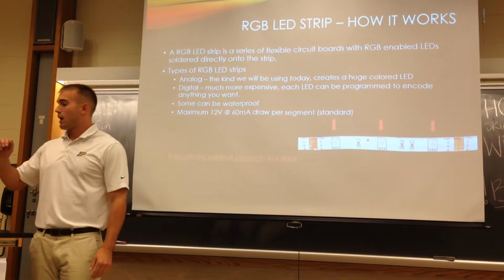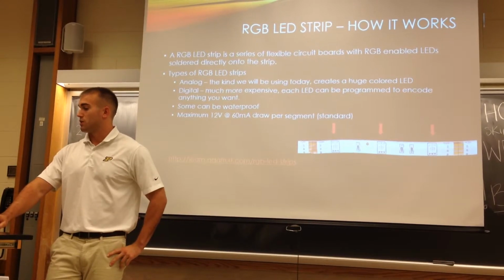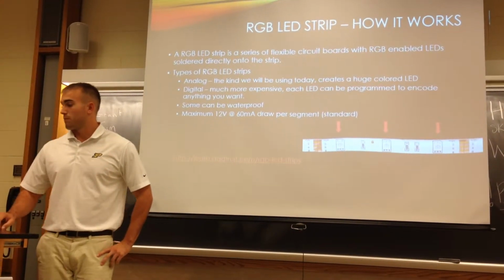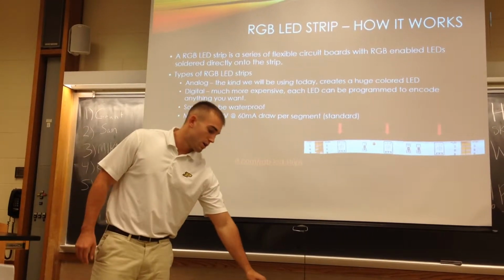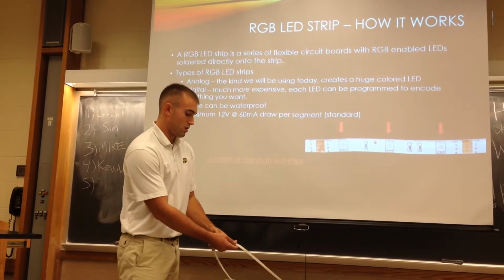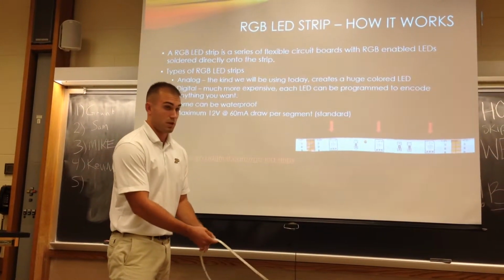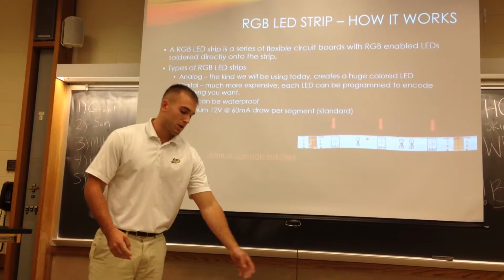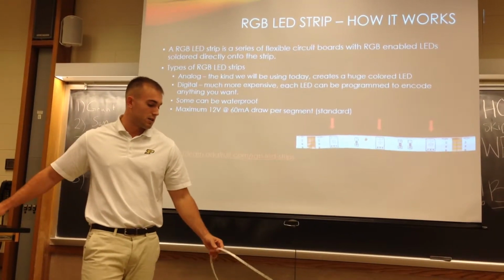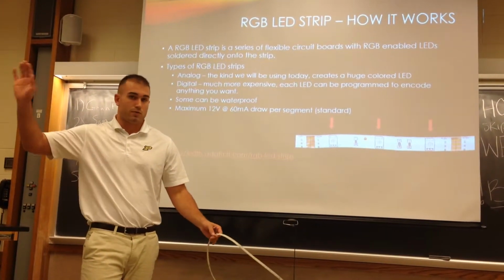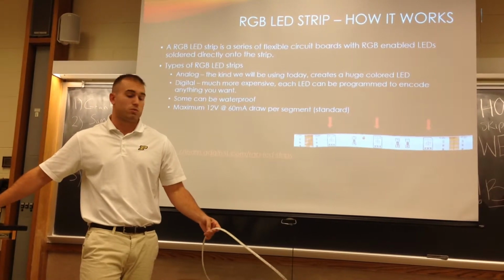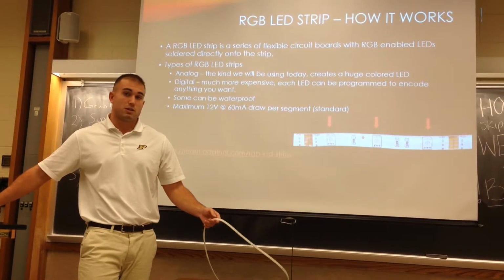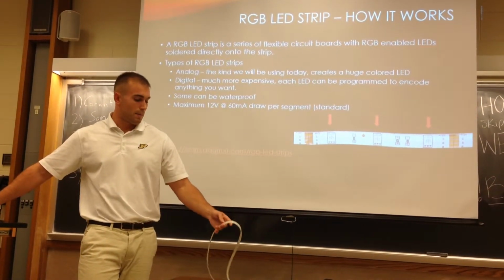So, how does the RGB LED strip work? For example, the one that you can see on your handout is actually a GRB LED strip. LED strips can be emitted in essentially whatever sequence they want through the company, as long as it has those three colors in sequence.